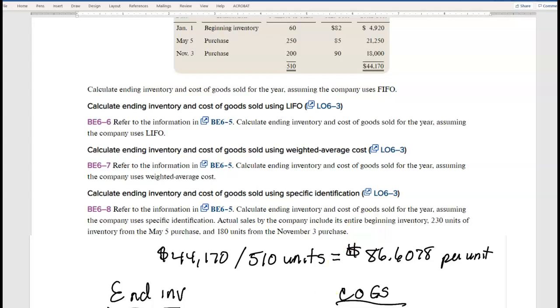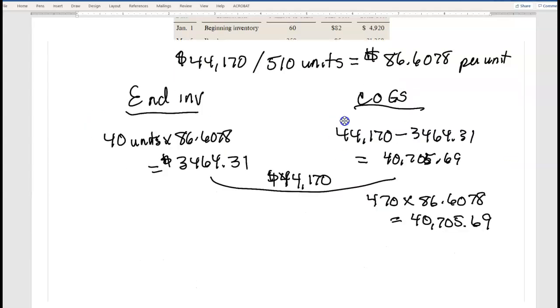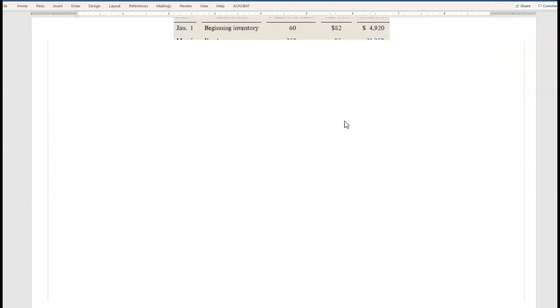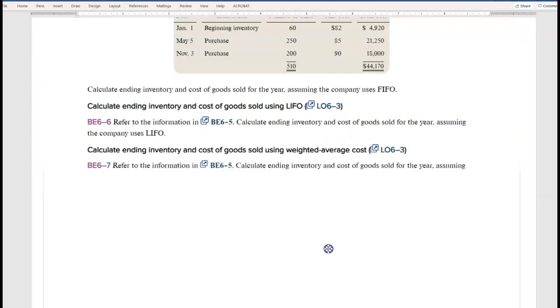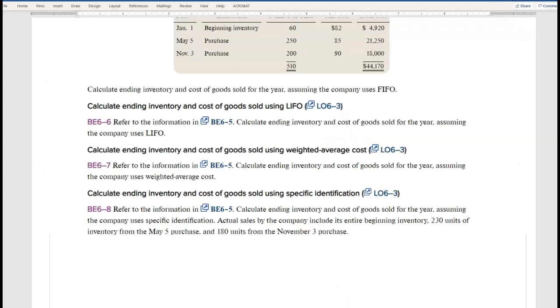So we need to calculate it. Let me get a blank sheet here, and then let's look. So it says 6-8, not 7-8.